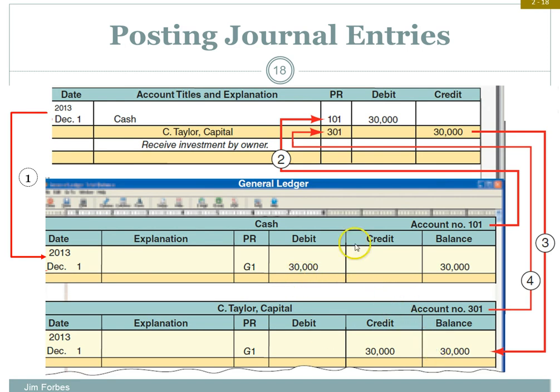And so the general ledger is one for cash, and you notice we're debiting the 30,000, hence the balance of 30,000. And then we're taking this credit and we're putting it into the C. Taylor's capital account, 30,000, hence its balance. So you first enter it in the general journal, and then you post it into the ledger account.